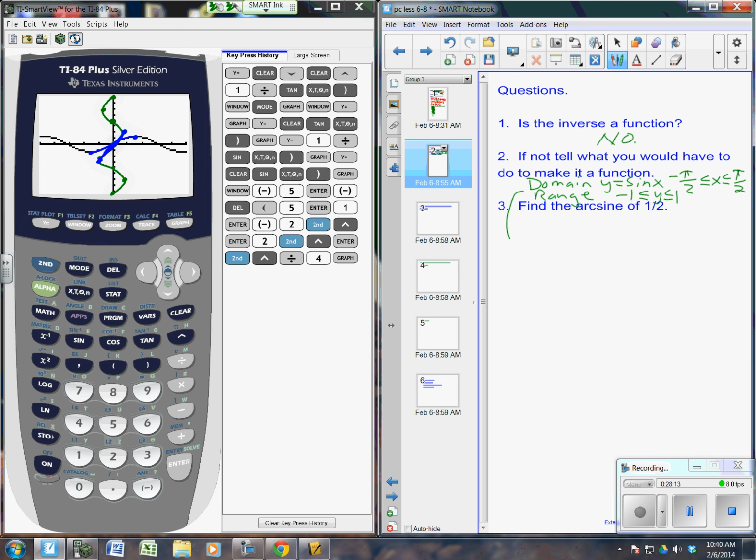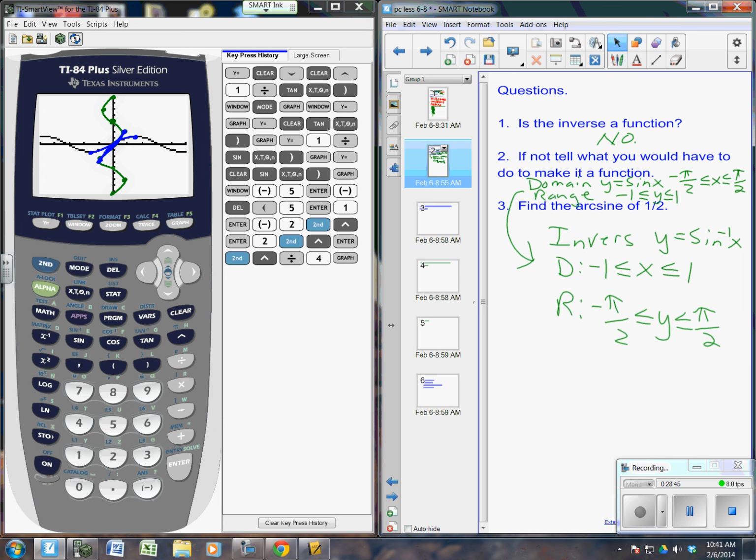So when you do the inverse, which is y equals sine inverse of x, your domain and range switch. So your domain becomes -1 is less than or equal to x is less than or equal to 1, and your range becomes negative pi halves is less than or equal to y is less than or equal to positive pi halves.